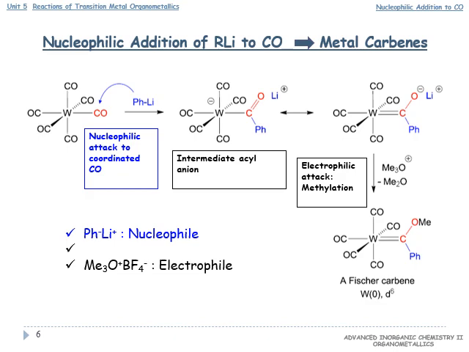We start with the nucleophilic attack to a coordinated carbonyl by phenyl lithium to afford the intermediate acyl anion, which is susceptible to undergo electrophilic methylation. Note here that the methylating agent used in this reaction is trimethyloxonium tetrafluoroborate, known as Meerwein salt, a strong methylating agent.